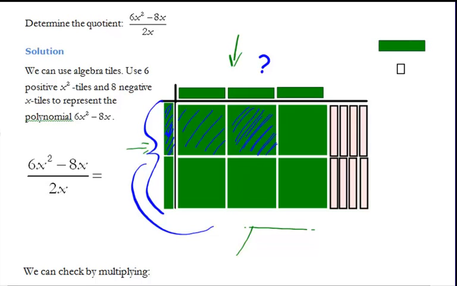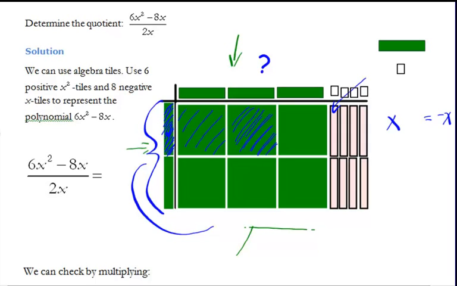Now we get to the end here, and in our model, which looks, as I have mentioned, a lot like a multiplication table, we have our x, and we're going to multiply it to get a negative x. Well, what would I multiply x by to get negative x? Well, of course, that's going to be a negative 1. And we're going to fill in that for each of these spots.